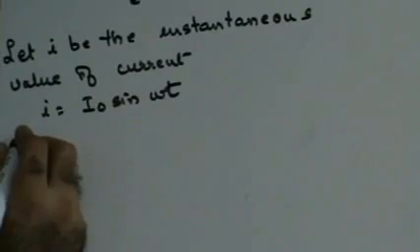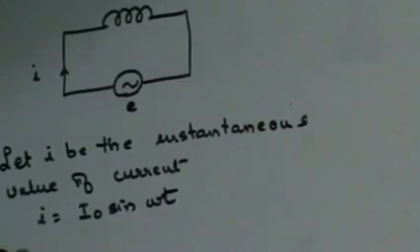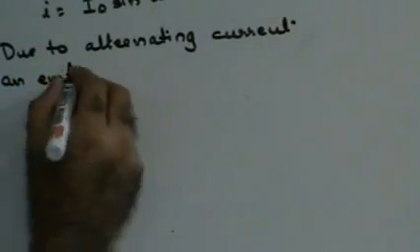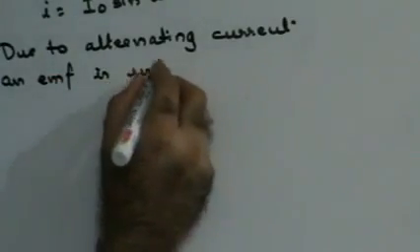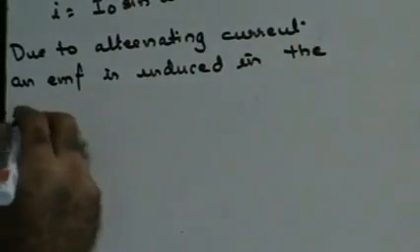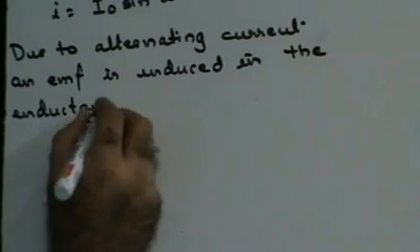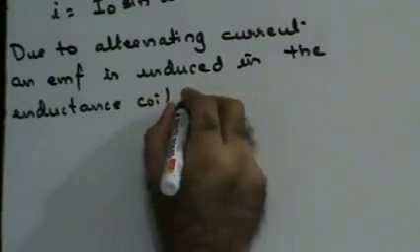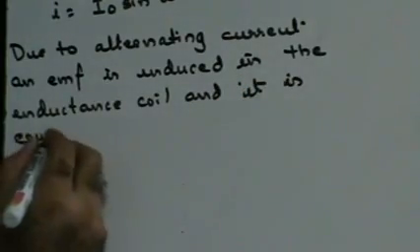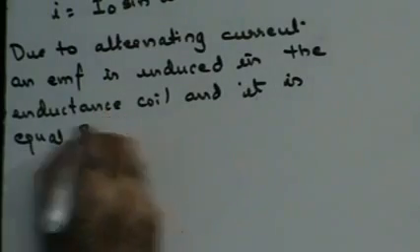So I can say that due to the alternating current, an EMF is induced in the inductance coil, and it is equal and opposite to the applied EMF.